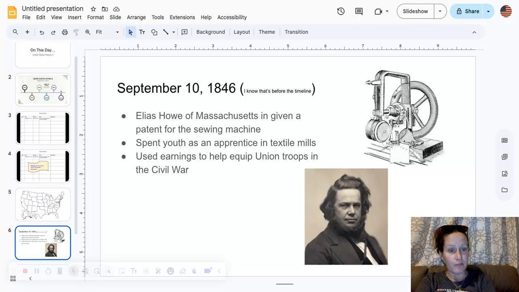So the invention of the sewing machine actually helped fund the Union in the Civil War, which is pretty interesting. Remember last year we learned a lot of troops didn't have things they needed: footwear, clothing, tents or blankets, a spoon to eat your gruel with, and so equipping them was important.